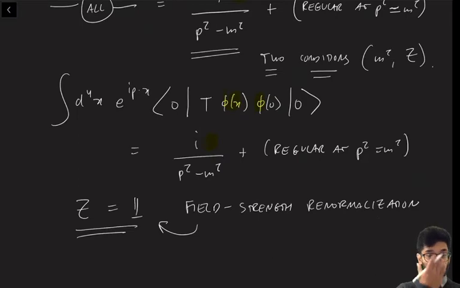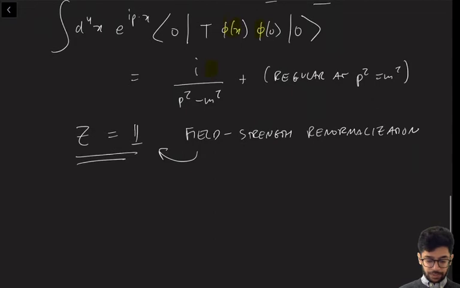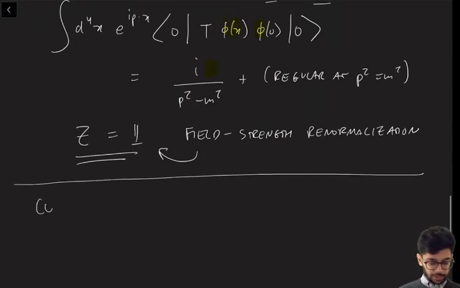Okay, so now let me say that we also need a renormalization condition on the coupling, the coupling lambda. And we're going to follow what we did last time.